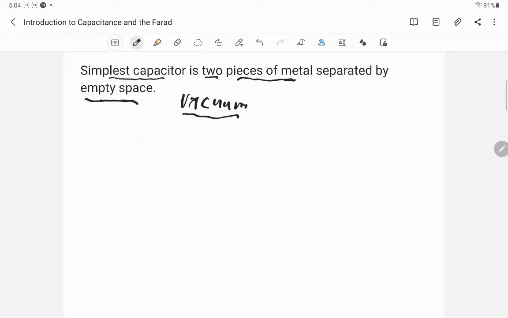So here's the situation. Here's one piece of metal, and here is another piece of metal. Notice that I wasn't particularly careful about their shapes, and I'm not particularly careful about how they're arranged.